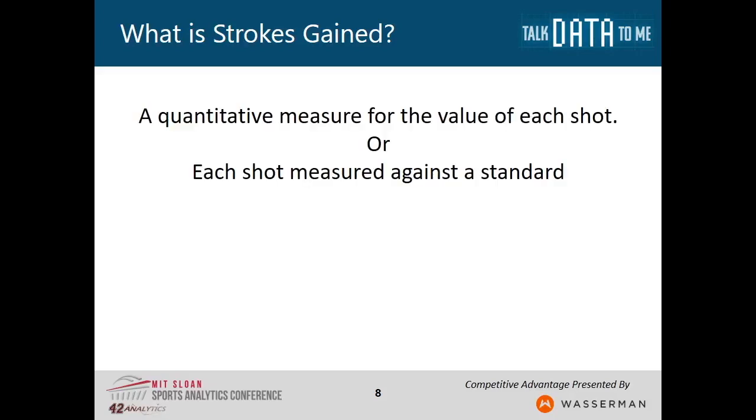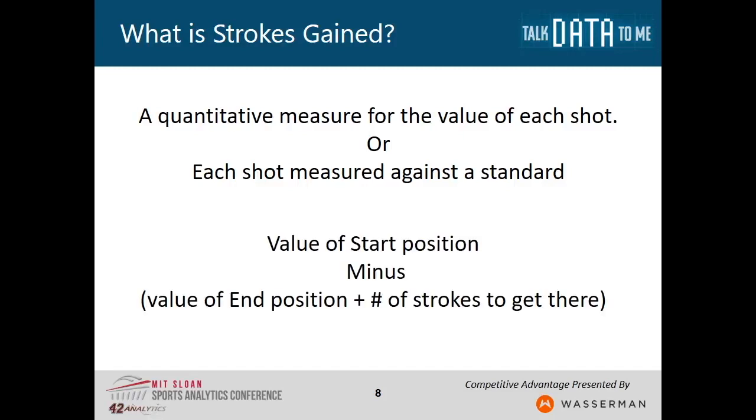So in essence, it's a quantitative measure of each shot in the game, measured against a standard. And the calculation is the down-in value of the starting position of the shot, minus the down-in value of the end position, plus the number of strokes it took to get there.